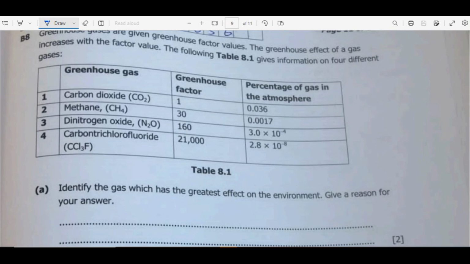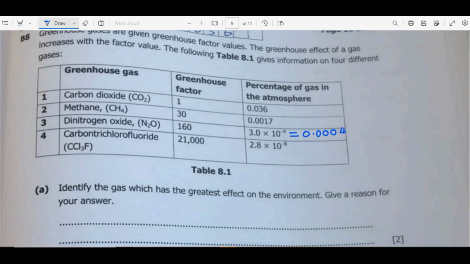The first one, we have carbon dioxide, greenhouse factor 1, percentage of gas in the atmosphere 0.036. The second one, methane 30, 0.0017. The nitrogen oxide 160, 3 times 10 to the power negative 4. This is the same as 0.0004.